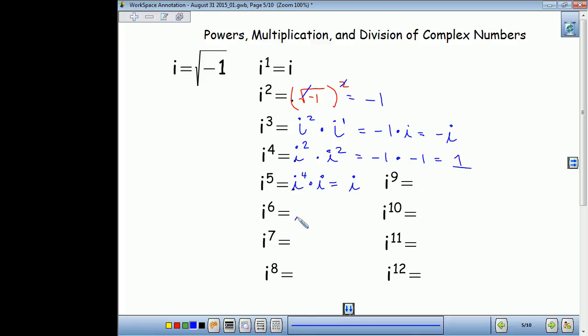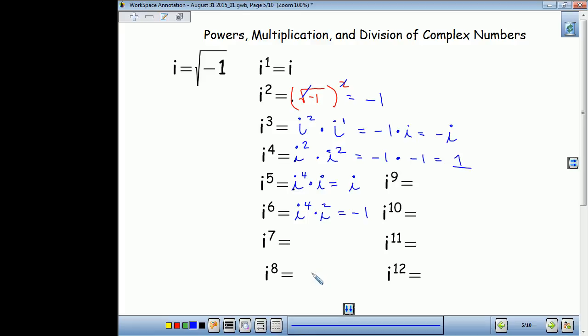Okay? i to the sixth is i to the fourth times i squared. And i to the fourth is, yes, you got it, 1. And i squared is -1. What's 1 times -1? -1. Okay?